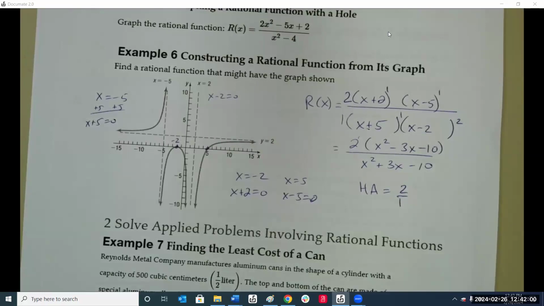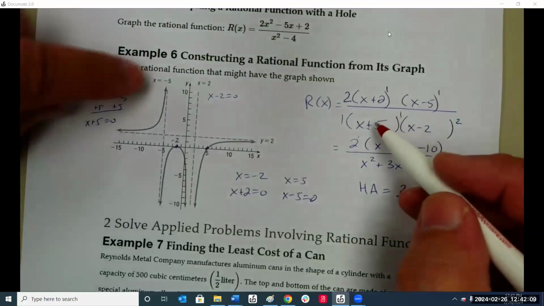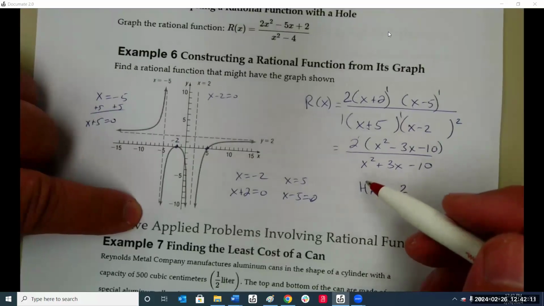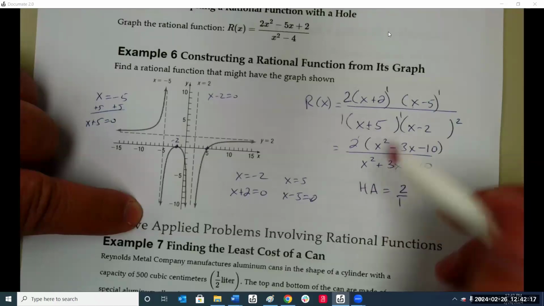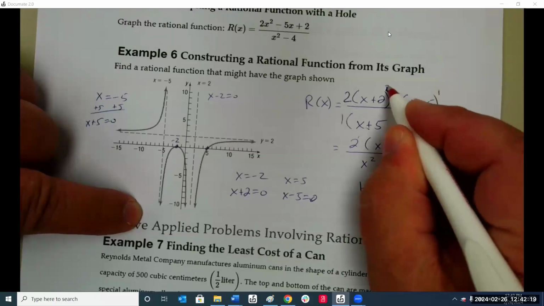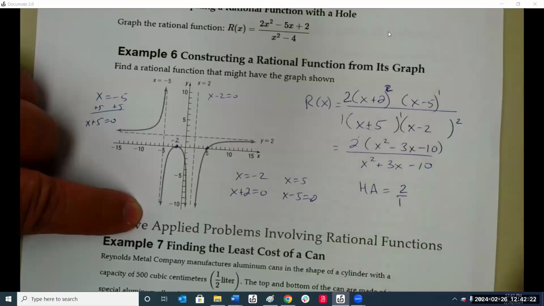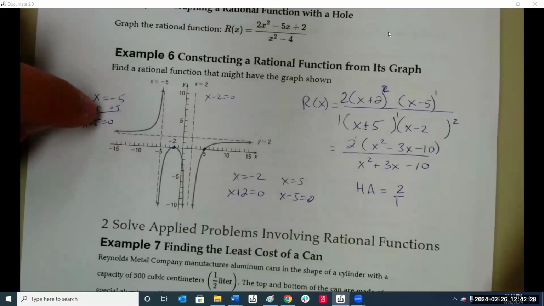So there's the difficult part there. Because for our vertical asymptotes, one is coming from negative infinity and one coming from positive.